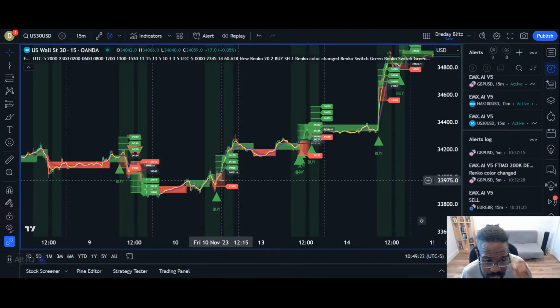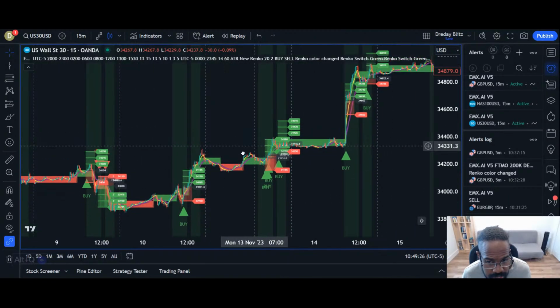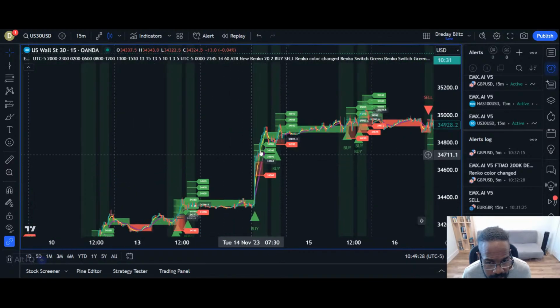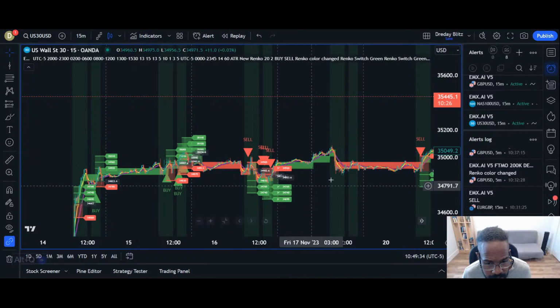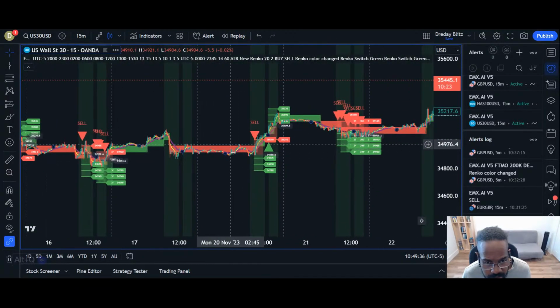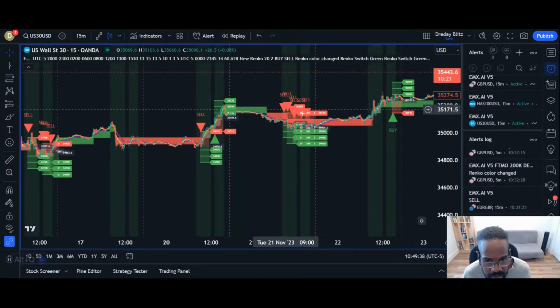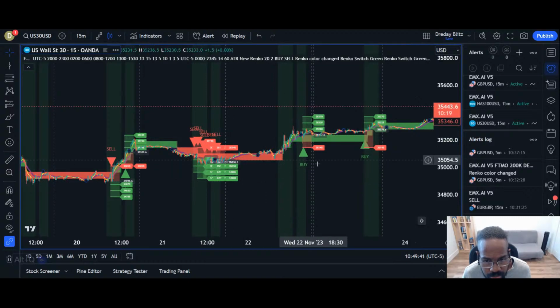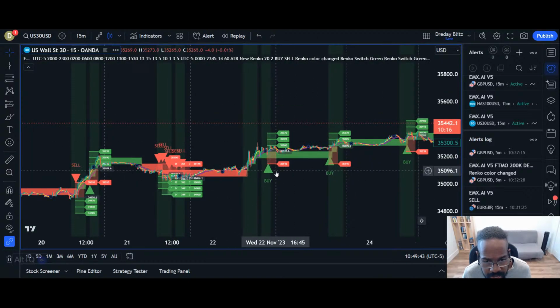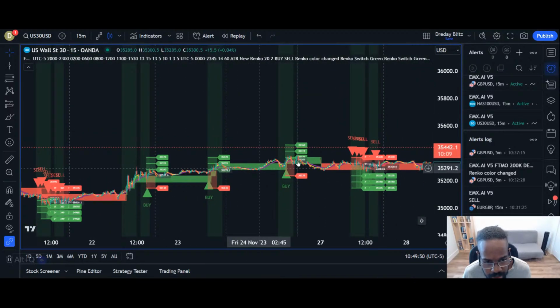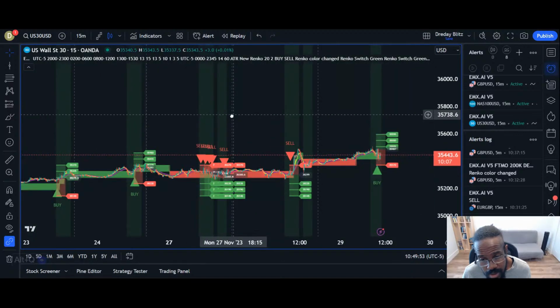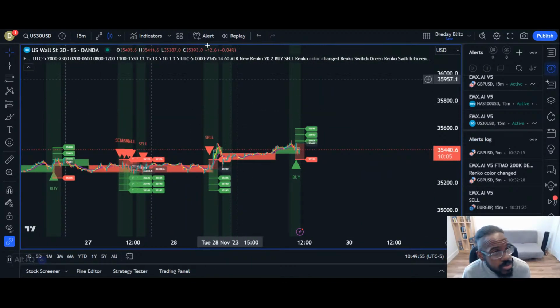November 10th, it switched to an uptrend, and then you had multiple buy entries that came in, and most of them were winners. Then there were a few sells that lost, and buys that won. When I say it's a win, that means that they at least touched TP1. If it touched TP1, that's a win for me. So overall, it's looking good.